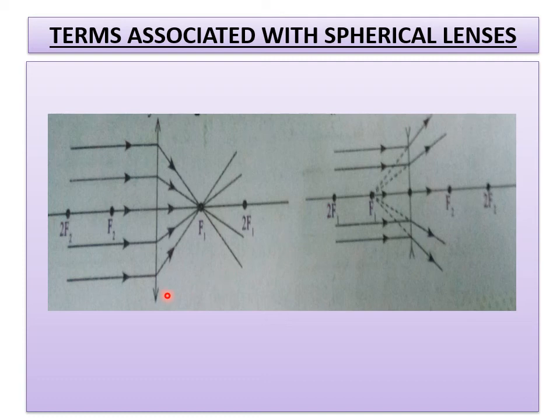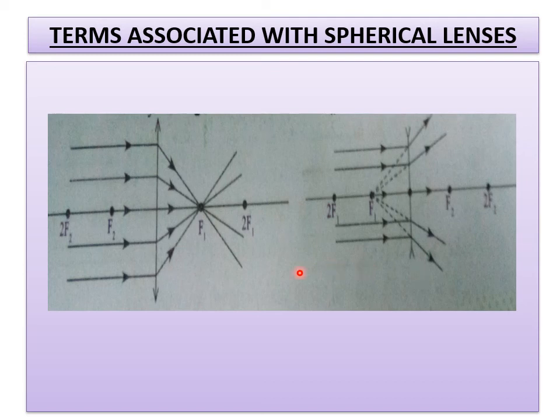A thin lens is drawn with arrows; once you check the arrow directions, this is the representation of a convex lens. And when you see this representation of arrows, this is the representation of a concave lens. Wherever you see, it is your own way to represent a thin convex lens or a thin concave lens. It is represented in this way in the textbook.